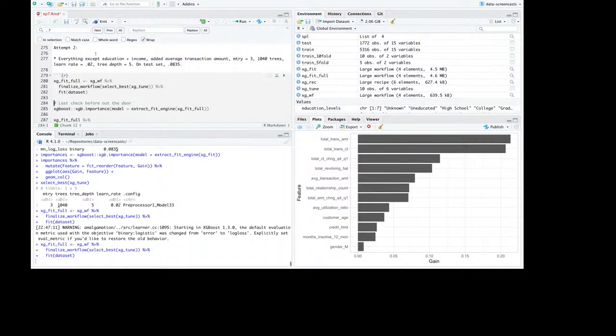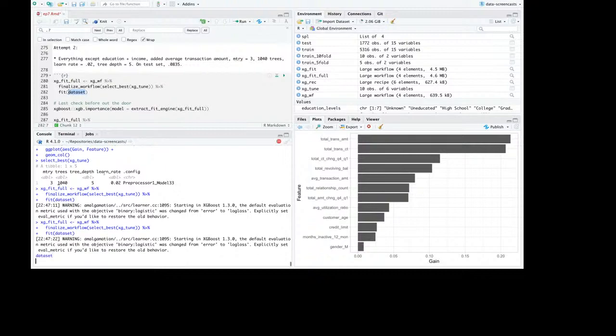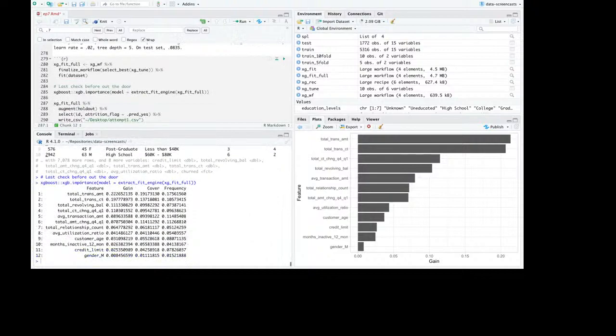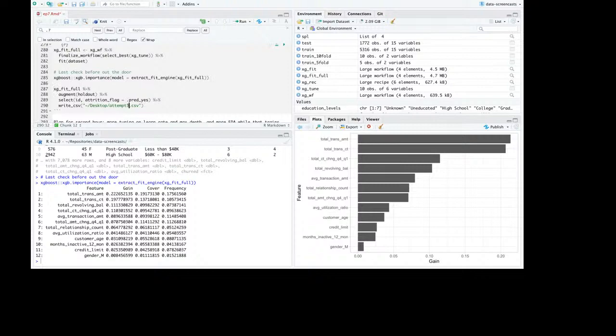All right, actually, we fit it on the full data set, let me show myself the full ones. It's the 7K.